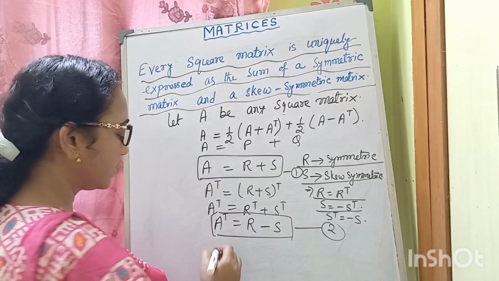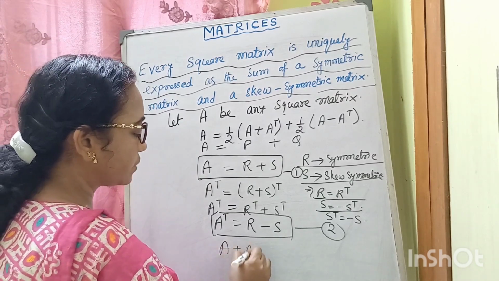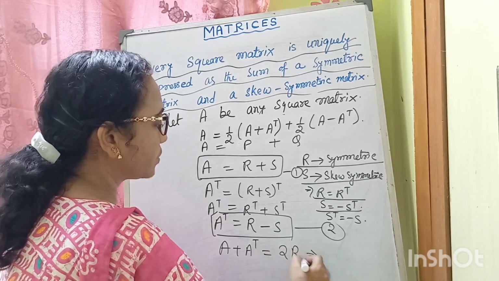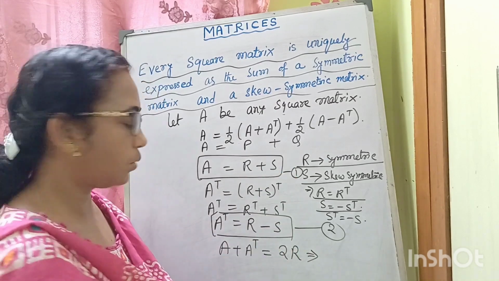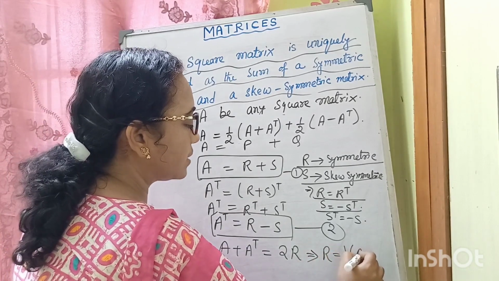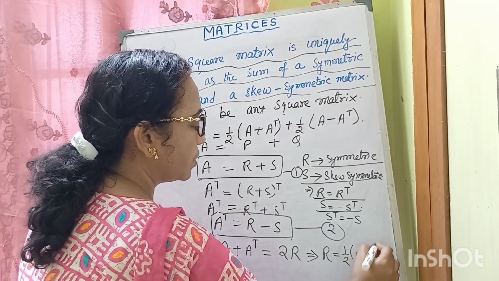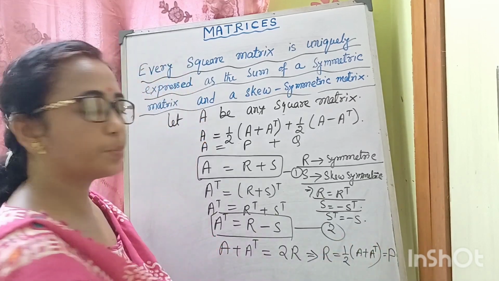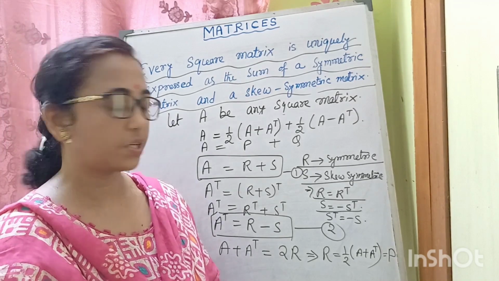We get A plus A transpose is equal to 2R, because S and minus S cancel out. So R is equal to half into A plus A transpose, which is the same as the matrix P, a symmetric matrix.